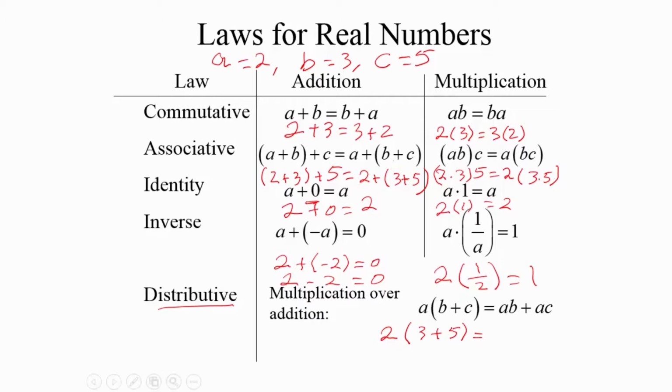We say that is equal to 2 times 3 plus 2 times 5. So let's see, 3 plus 5 is 8. So 2 times 8 is 16. Now 2 times 3 is 6, plus 2 times 5 is 10. Therefore 16 is equal to 16. So that's a proof that the distributive law works.